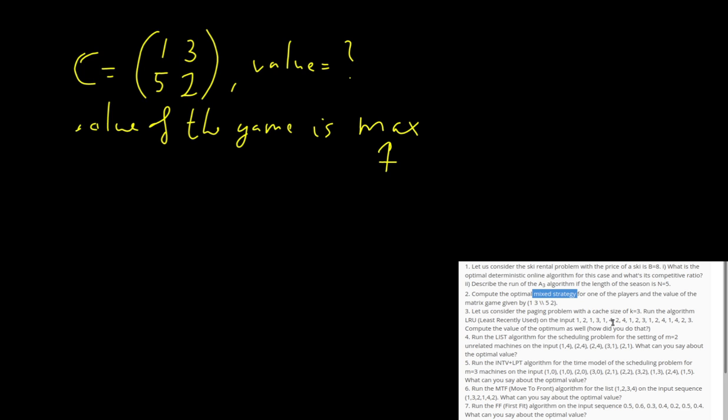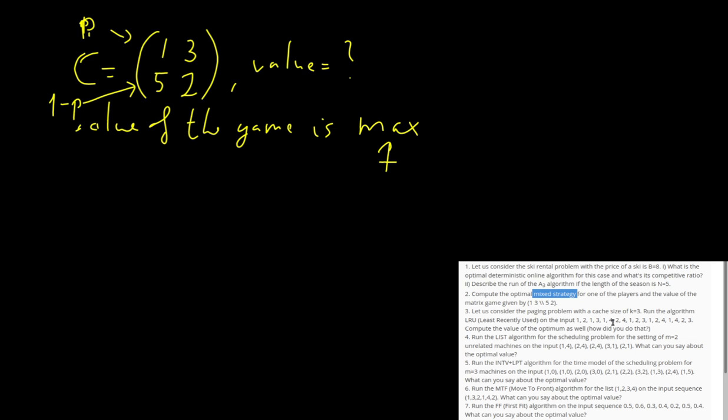The first player will choose the first row with probability p1 and the second row with probability p2, but since these two probabilities sum to 1, this will be 1 minus p, and this will be p. Then the column player will choose the first column with probability q and the other column with probability 1 minus q.